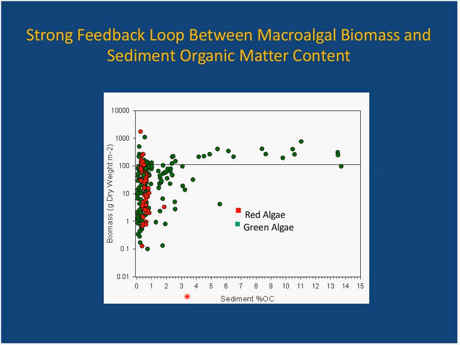Interesting is if you look at the relationship between percent organic carbon and biomass, what you see is that when you hit some sort of peak in sediment organic carbon, particularly in areas greater than around 2% organic carbon, you really get biomass under 100 grams dry weight per meter squared.